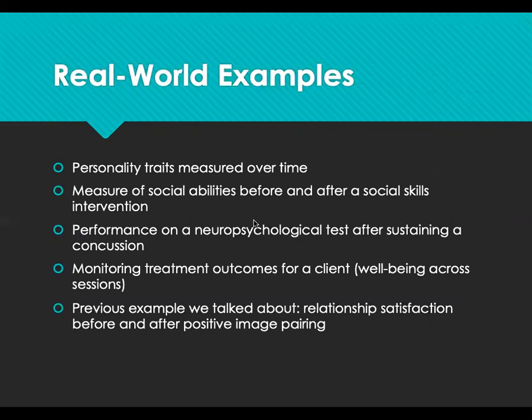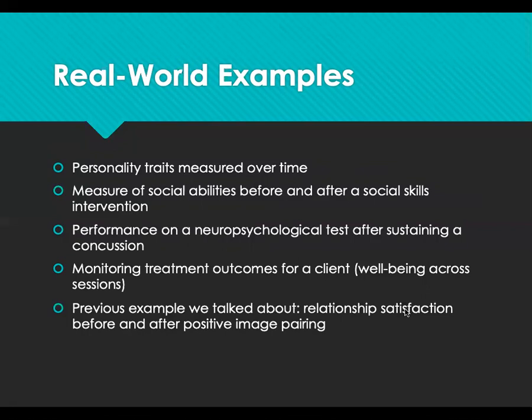Okay, some real world examples of when you would want to use this kind of design, a repeated measures or within subject design. If you're going to measure personality traits over time, you definitely want to use the same person. So you can measure a group of people once and then the same group of people again a year later and look at maybe developments or differences in their personality traits.